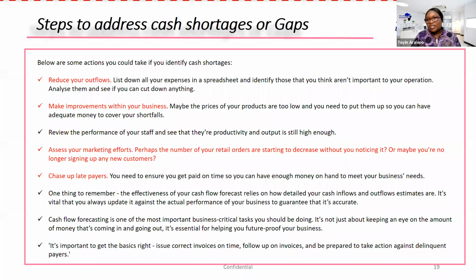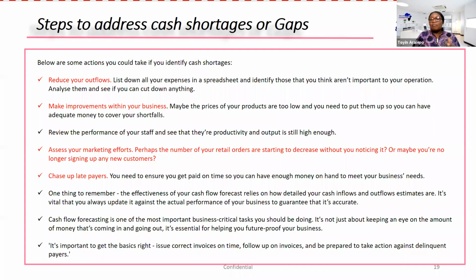And I will mention some of the things that you can do. So what are the steps that you can apply to address cash shortages or gaps? Sometimes you may have to reduce your outflow, but you can't do this if you have not planned. If you've not done a forecast of how cash is going to come in, you won't be able to identify areas where you need to cut down. Then you need to make improvements in your business. Have you checked your pricing?